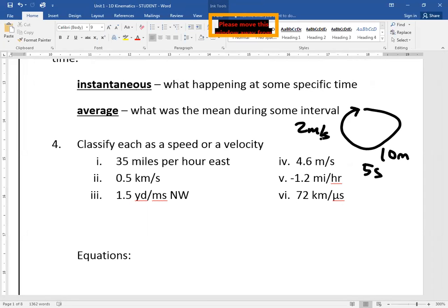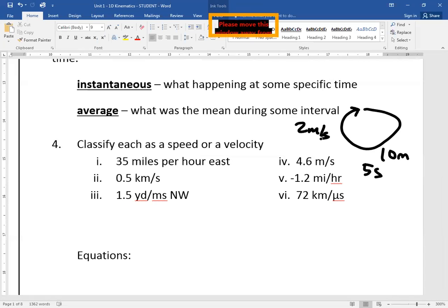You could be walking for 30 seconds and then sprint. I could have been walking for the first couple seconds, then sprinting. I could have run a little bit, stopped, and started running again. I could have gone a certain distance forward, backwards, and then again, you know what I'm saying? All I know is I went 10 meters in 5 seconds, right?